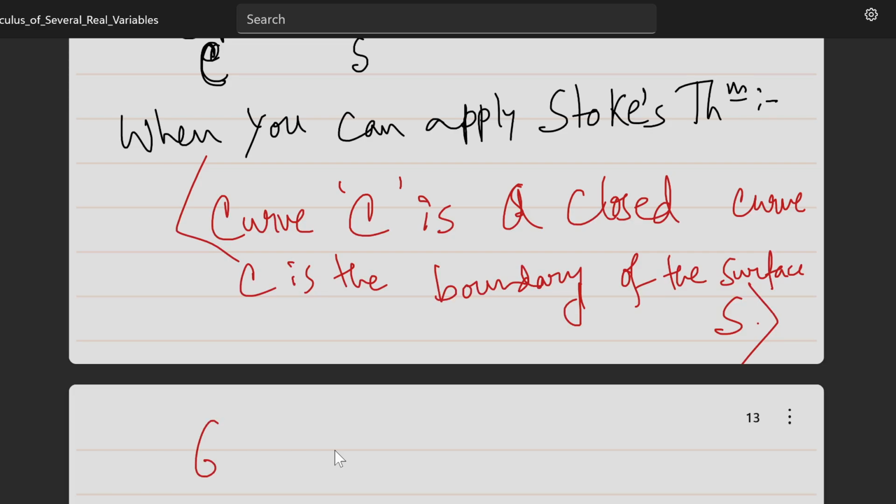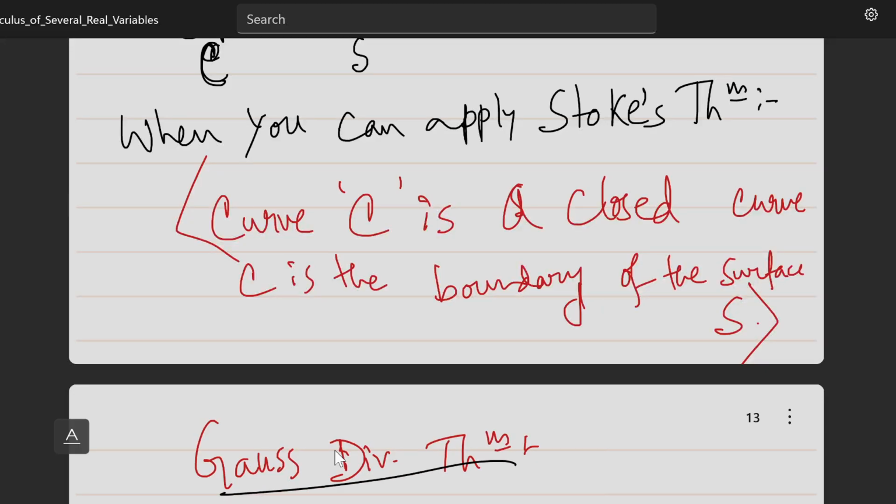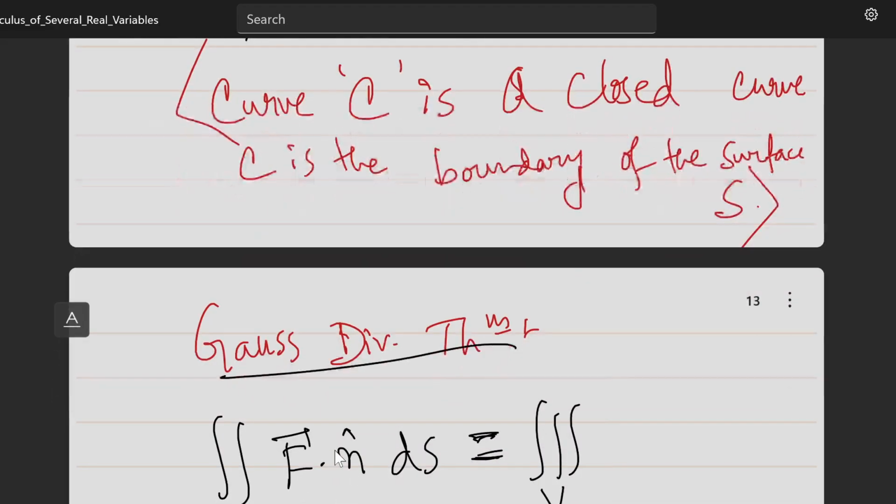And for the Gauss divergence theorem, what is this theorem saying? Tell me. The surface integral is equal to the volume integral of del dot F dV, the divergence of that vector field.